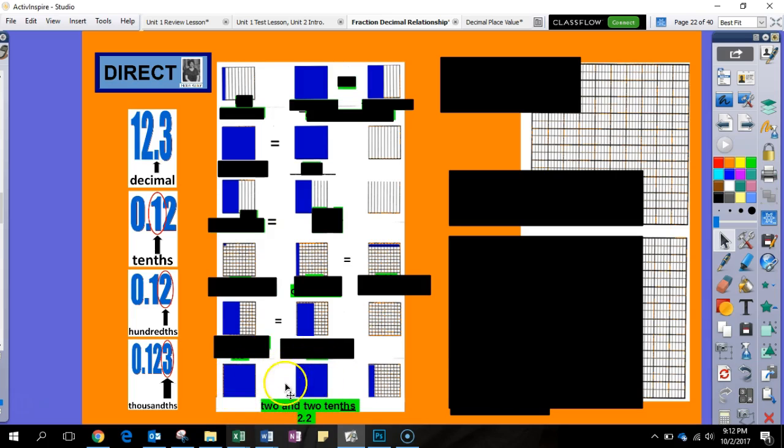Notice how 2 and, the word and follows the whole numbers, and because we have 2 extra columns, we call that 2/10. So we're looking at 2 and 2/10 by combining these 3 pictures together. Notice how 2 and 2/10 is written. We have 2 in the whole number place. We have 2 in the tenths place to stand for these 2 columns that we shaded.